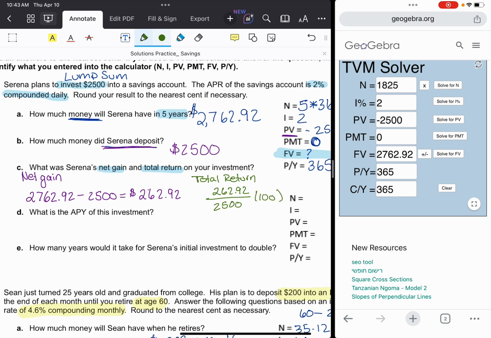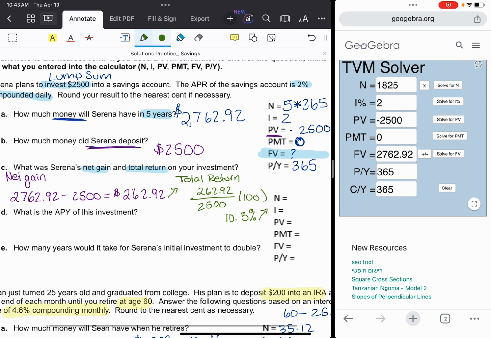A very common error here is 1, multiplying by the wrong thing, but then 2, not turning it into a percent. And so it does end up being 10.5%, and that is an increase, and this is also an increase. I should put an increase there.